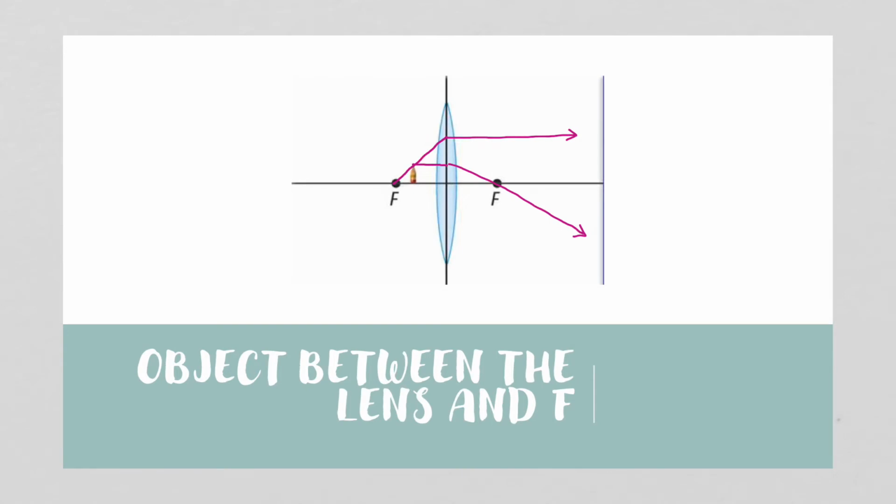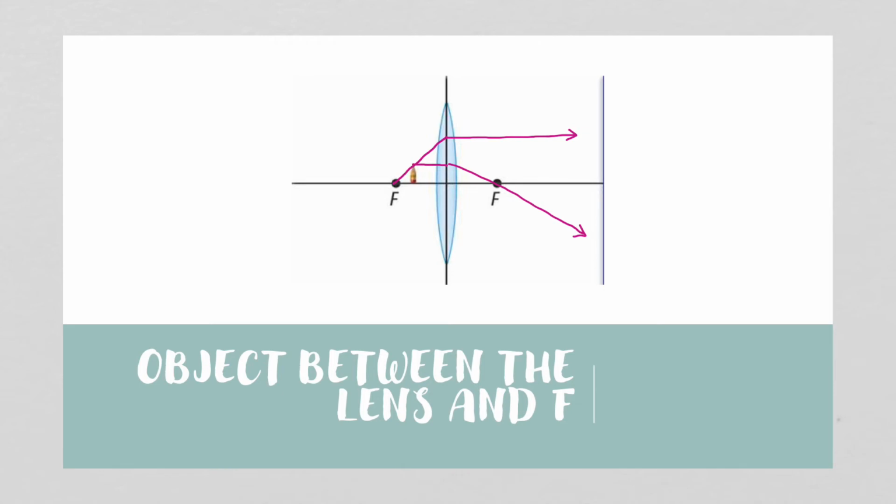I've started this one already. So our object is here. Again, this time the object's before the focal point. I drew a parallel line in and then it refracts through the focal point. The second one, I started from the focal point over the image and then it refracts parallel back. These lines are never going to cross. They're diverging on this side.